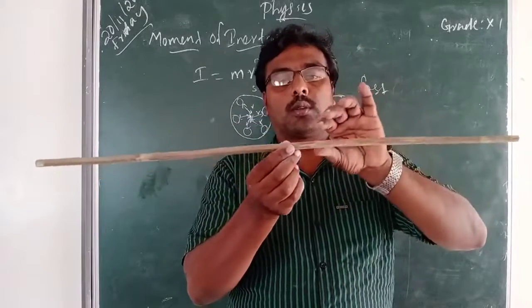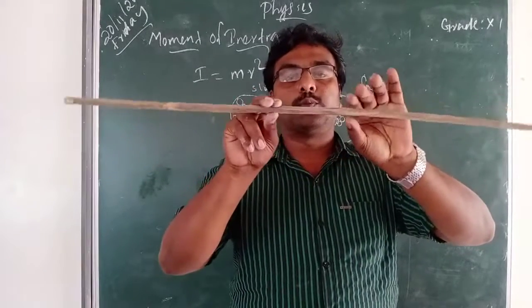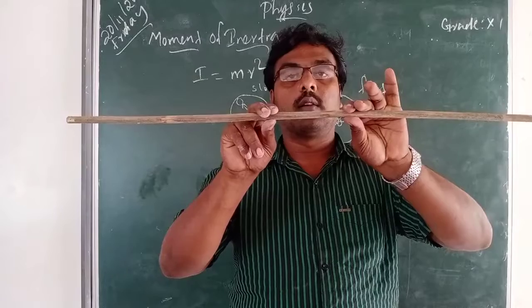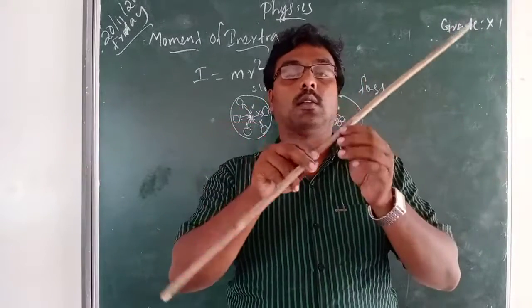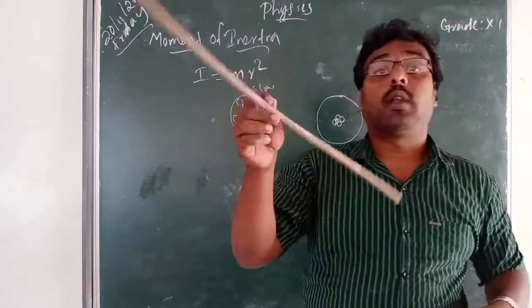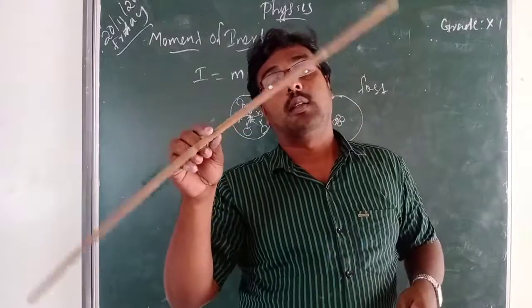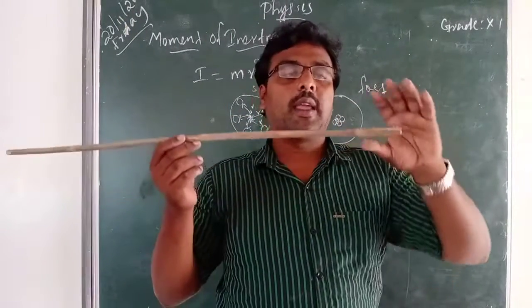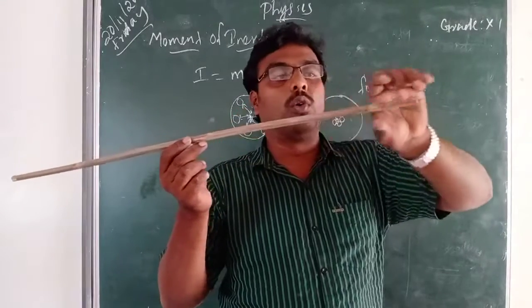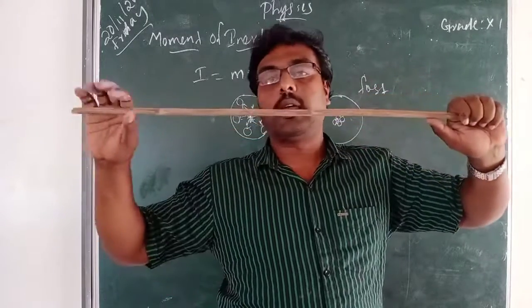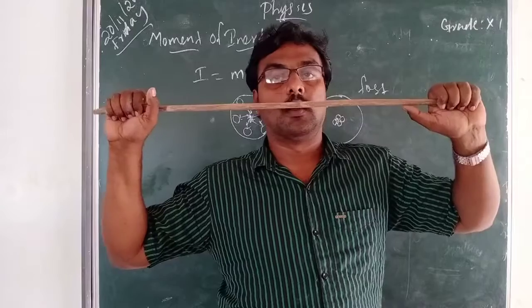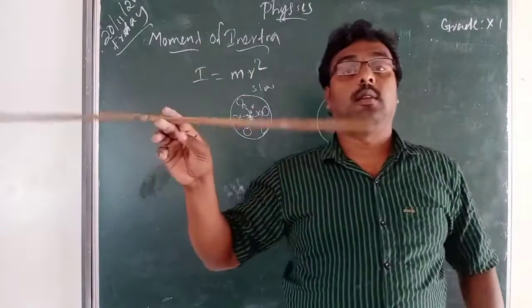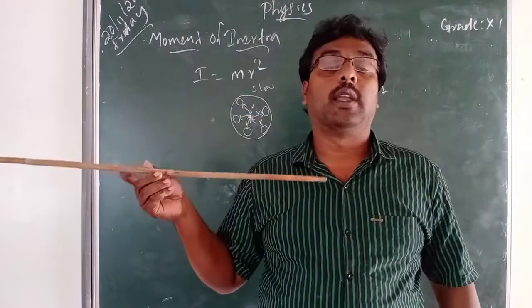Take two stones or two objects and tie them at this position and rotate. So what will happen to this rotation? The rotation will be faster. At the same time, remove the objects and tie both ends, then rotate. Which one will you feel is easier?